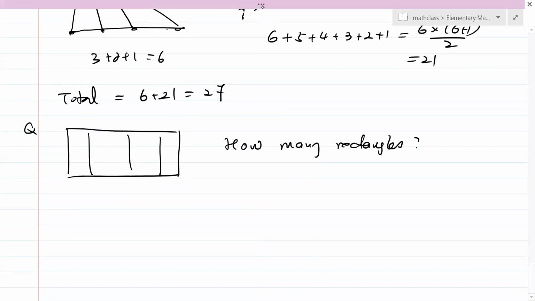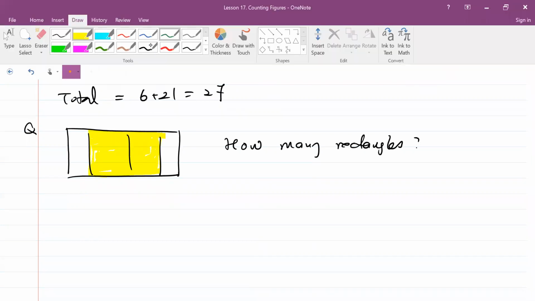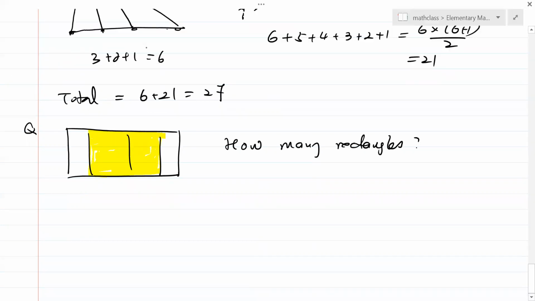Okay, a typical rectangle will be this. Okay, can you count? Now, how many rectangles are there inside this picture?